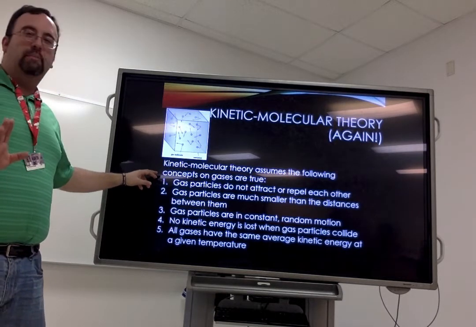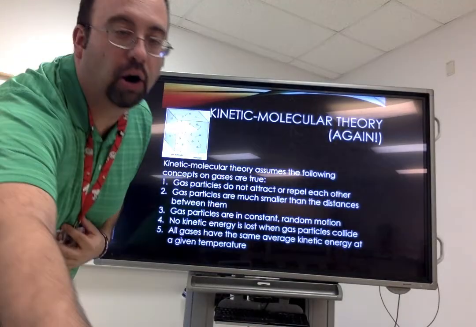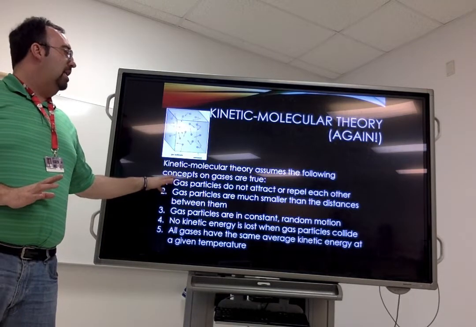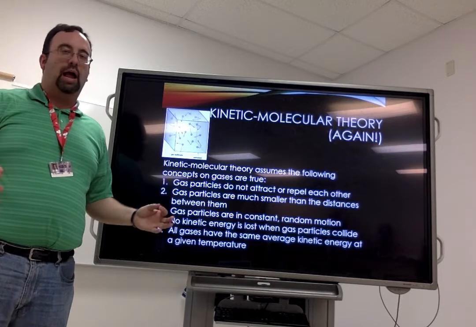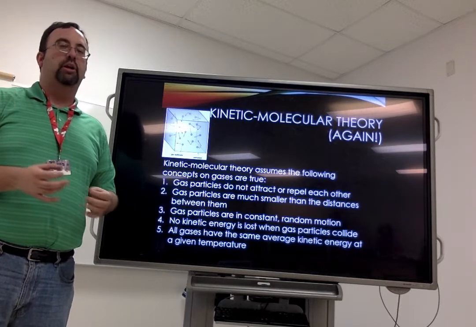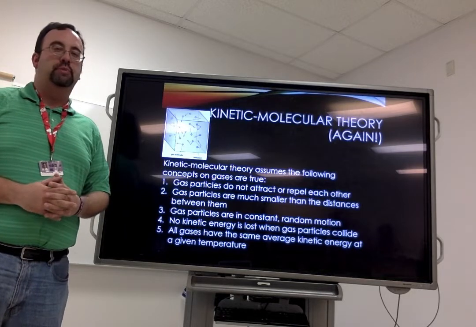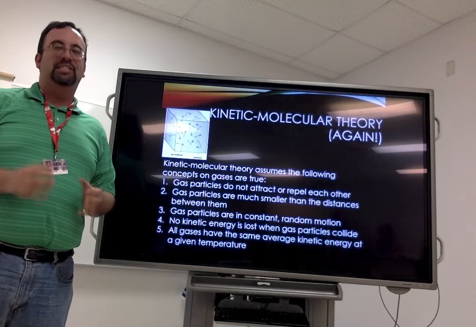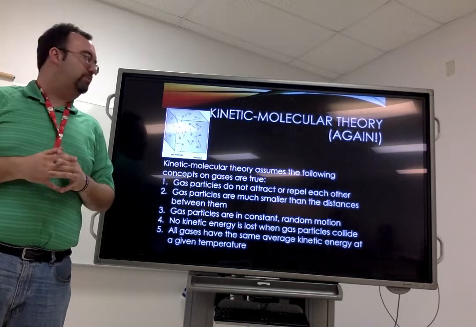We're going to have a couple assumptions in order to help simplify our study. We're going to state that gas particles neither attract nor repel each other, and so we're going to make that assumption. We're also going to assume that the gas particles are much smaller than the distances between them, so most of the gas is going to be empty space, much like an atom.